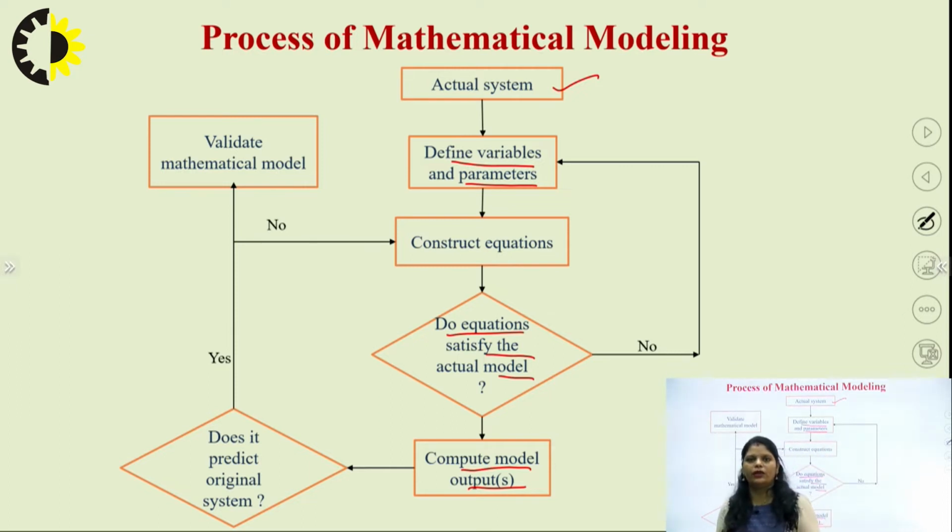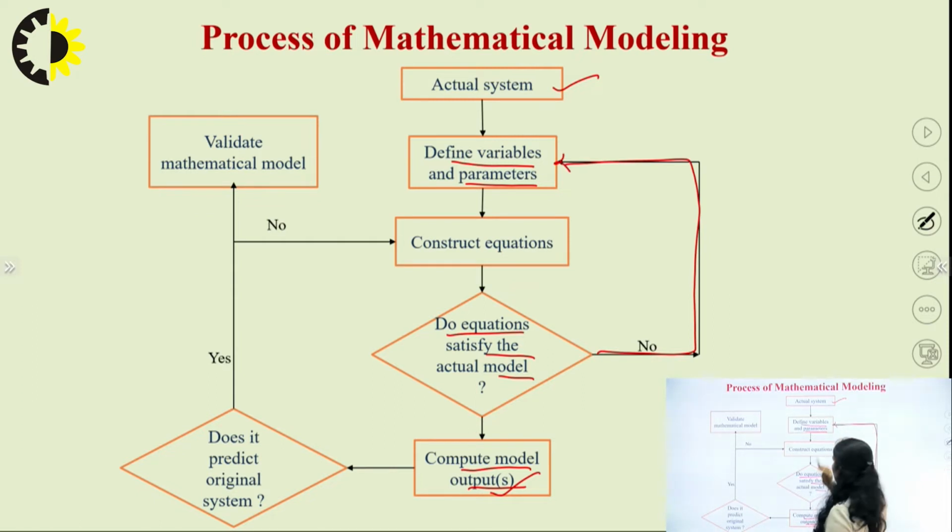We will use different techniques or methods, meaning we will solve these equations. If these equations are not satisfying our actual model, then we go again to define the variables. It means we have not defined the parameters or variables properly, so we will define them again.